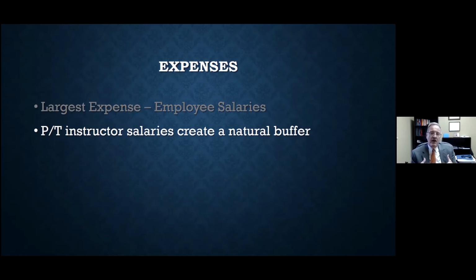In the budget process, we know that our part-time instructor salary budgets are going to go down drastically because of our lower enrollments. So yes, we get less revenue, but that drop in revenue is somewhat offset by the drop in part-time instructor salaries.